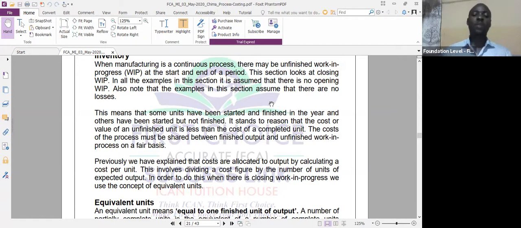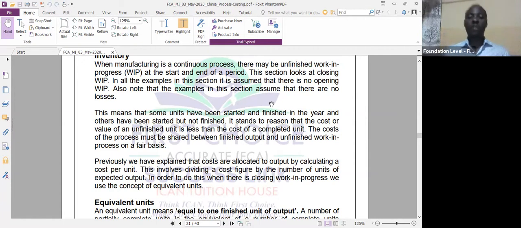Okay. Now, previously, we learned that costs are allocated to outputs by calculating what is called cost per unit. And how did we calculate cost per unit? We divided a total cost figure by the number of units of expected outputs.